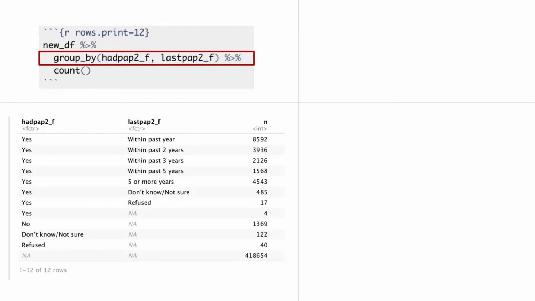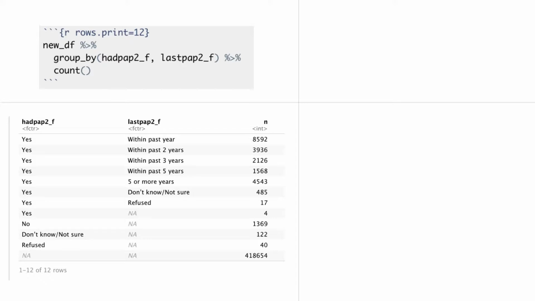Next, we take a look at this two-way frequency table of had Pap2 by last Pap2. All we had to do to create this two-way frequency table was add two grouping variables to the group by function. Otherwise, it's the same code we used to create the one-way frequency table. Try not to be thrown off by the fact that the category combinations are in rows instead of a row by column grid.